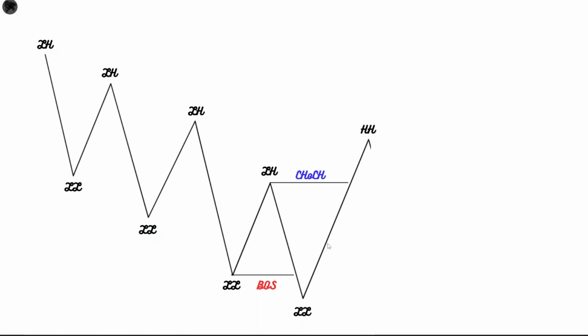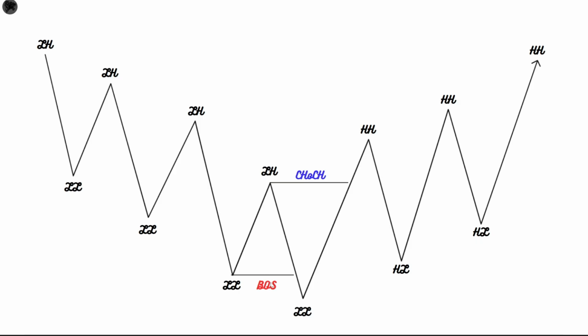So it wants to break this structure, retrace to premium and continue. That's what they're going to think, so it tends to trap traders at this place. Traders might have their stop loss orders at this zone, so they get liquidated. So this break of structure is essential because it serves as the liquidity sweep, and you can anticipate price to enter in a bullish order flow onwards.